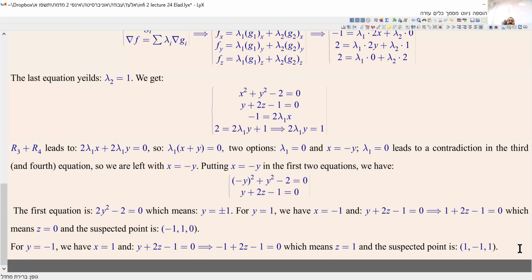But we need to find at least 2. And we have finished solving the system of equations. We just need to calculate the values of f at these points.